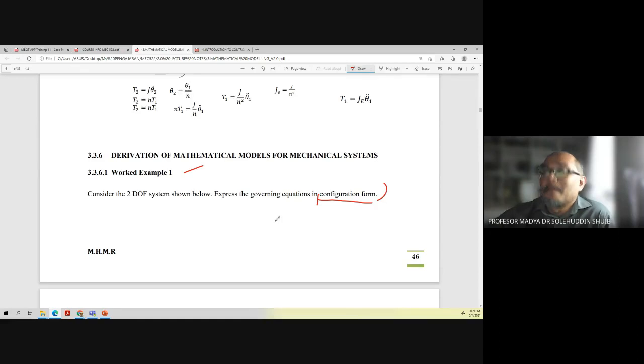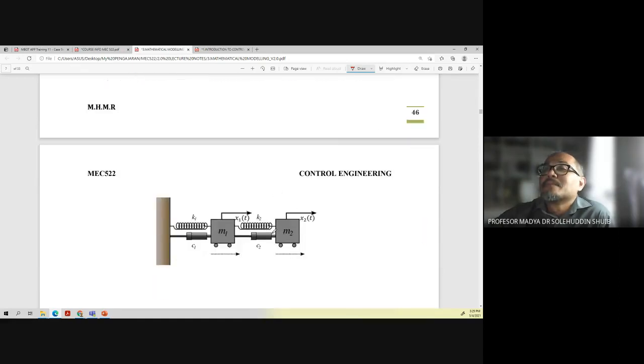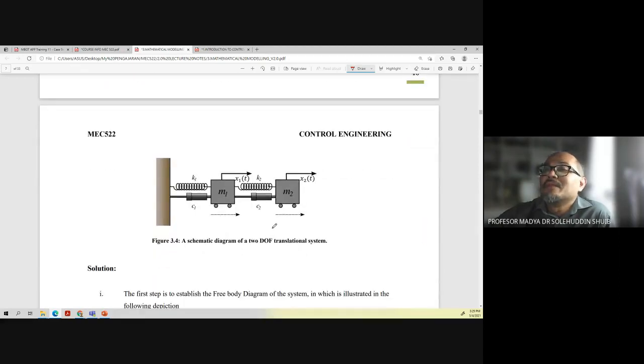You're familiar with this one. We have the schematic diagram for a 2 degree of freedom system. Remember this one. This is a translational system. So we have here spring, mass, damper. Spring, mass, damper.